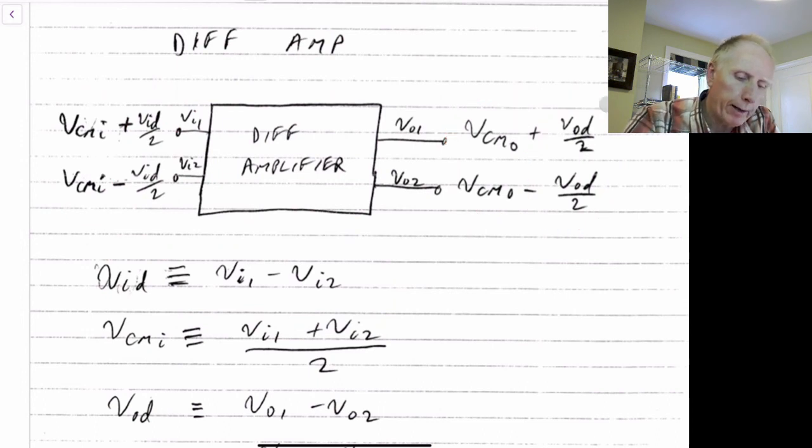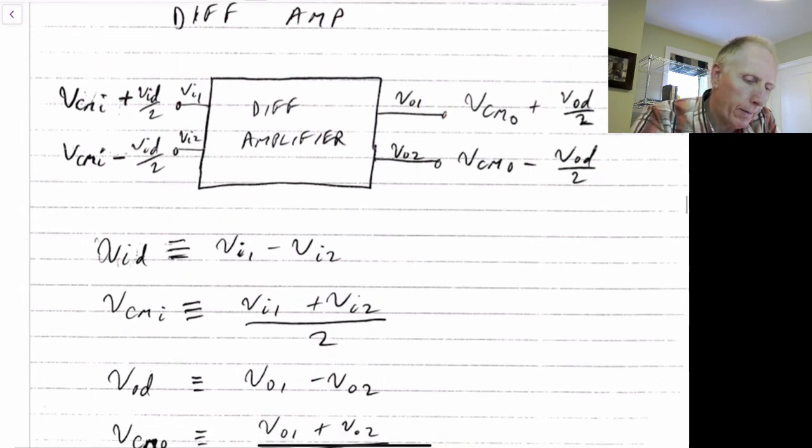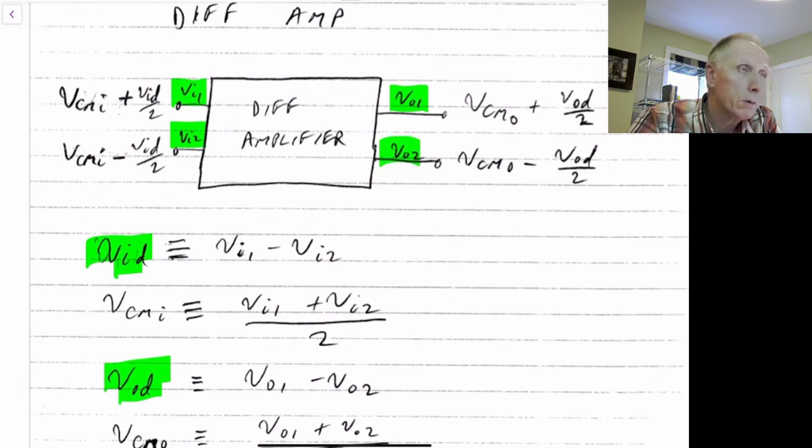So we define the differential input as being VI1 minus VI2. We also define the differential output as being VO1 minus VO2.